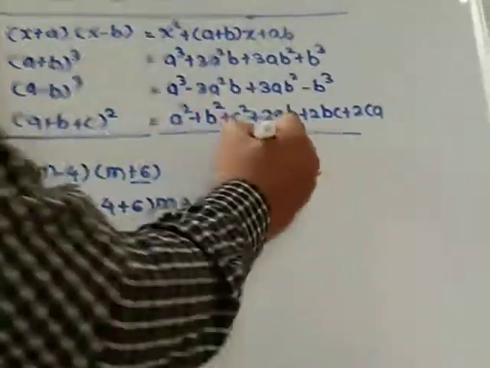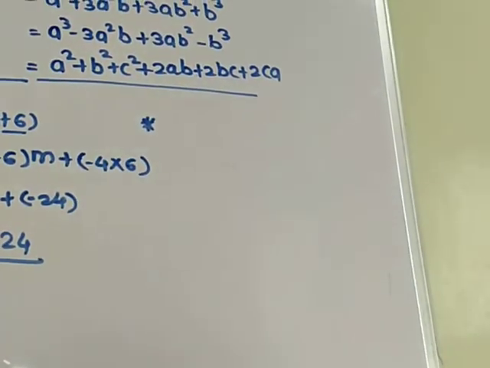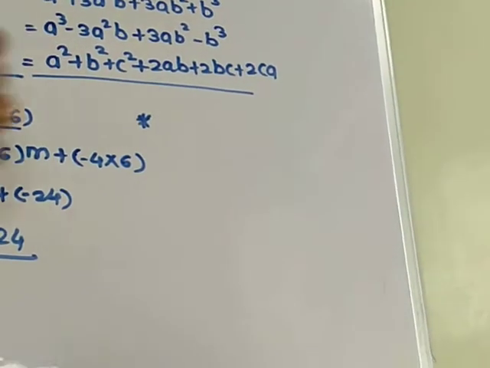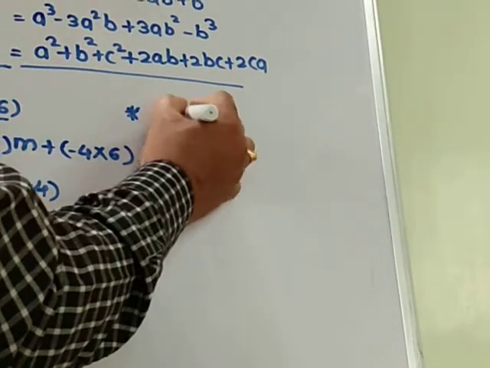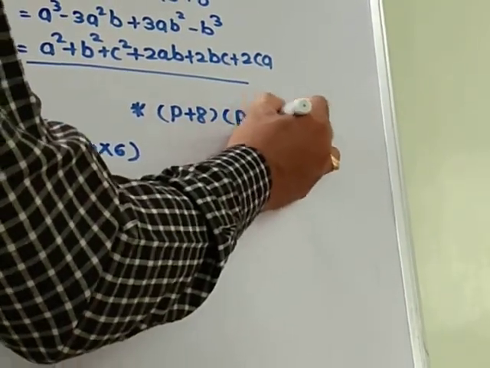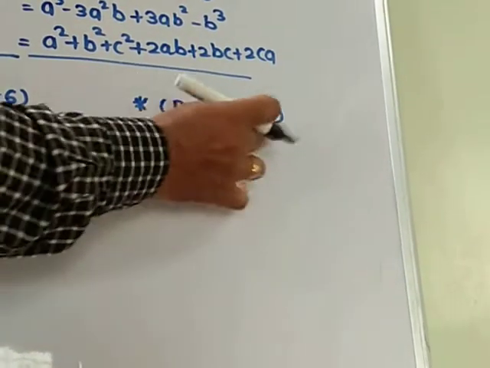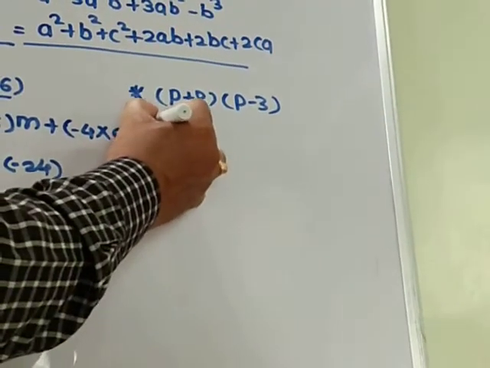Okay, we see another example. (p + 8)(p − 3). This is similar to (x + a)(x − b): one term is plus, one term is minus. How to solve?